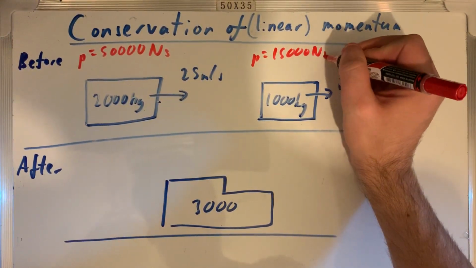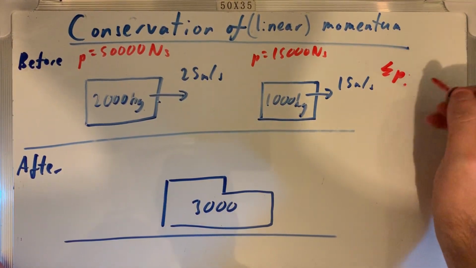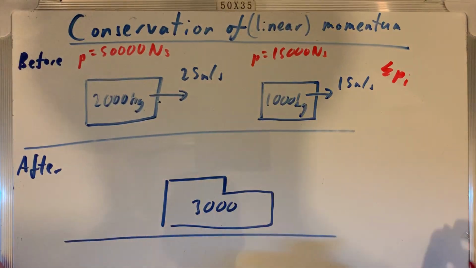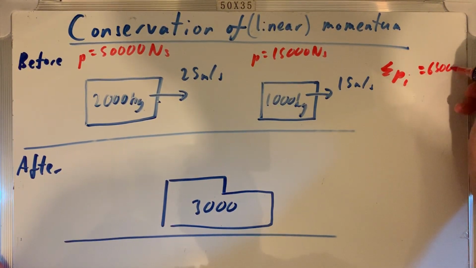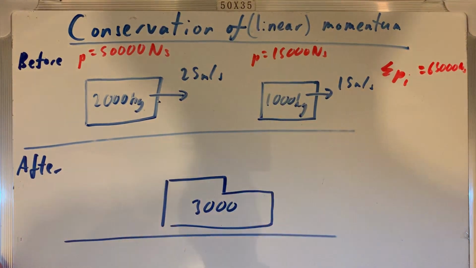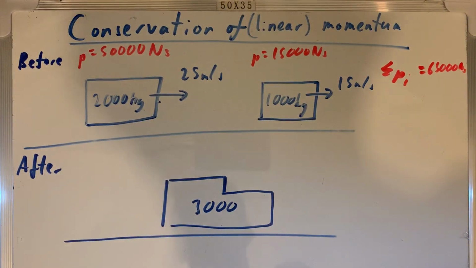15 kilonewton seconds. So the total momentum before, I'm going to put i here to mean initial, is just the sum of those two, 65,000 Newton seconds. Unless a net force acts on them, the total momentum can't change. They can swap the momentum between them, but the total must always be 65,000 Newton seconds.